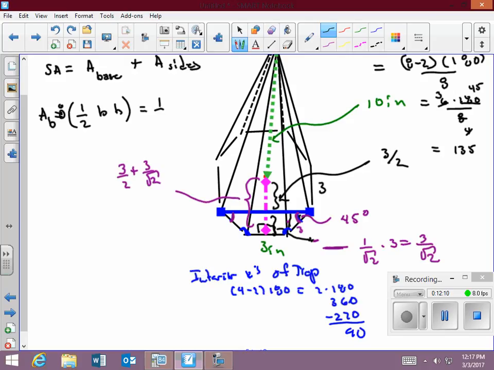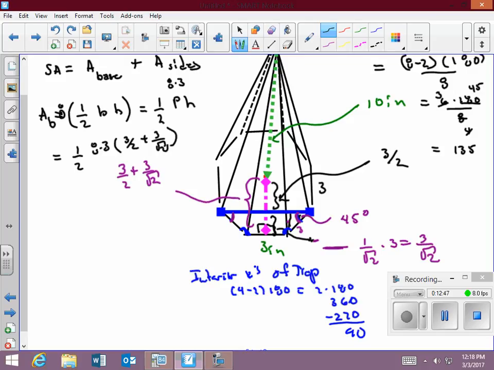The formula, if you look it up, will say 1/2 of the perimeter times the height. Well, this perimeter is 8 times that 3, which is the base. So what we have is 1/2 times 8 times 3 times (3/2 plus 3 over the square root of 2). That's the area of the base.